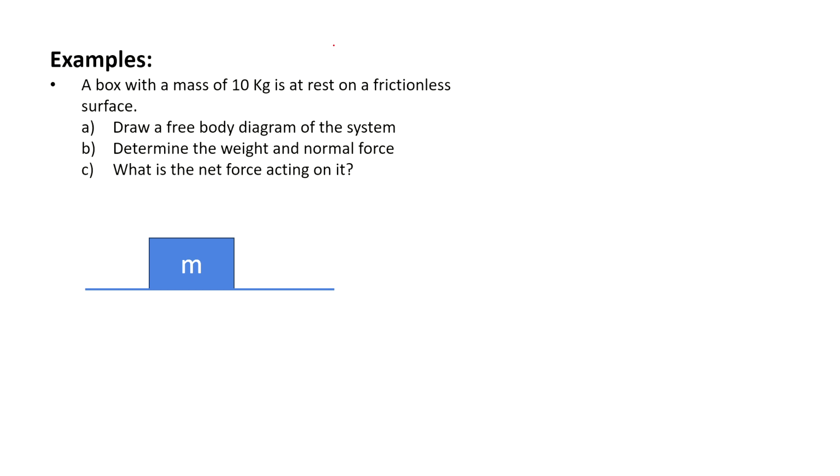We can define it first. Let's say that this is at rest. The box is at rest. So because the box is at rest, the first law of Newton exists in here.